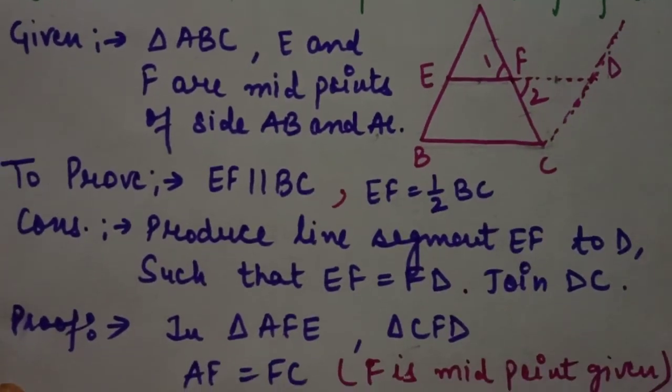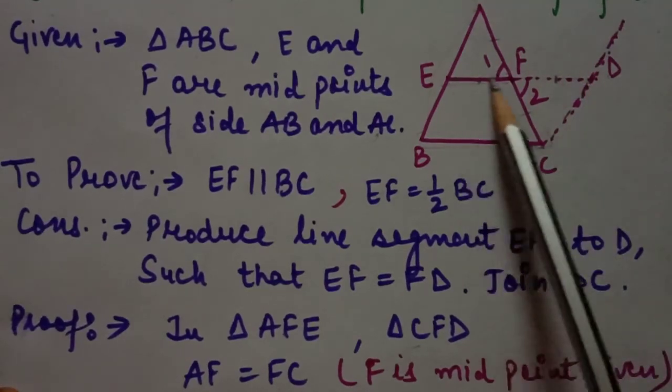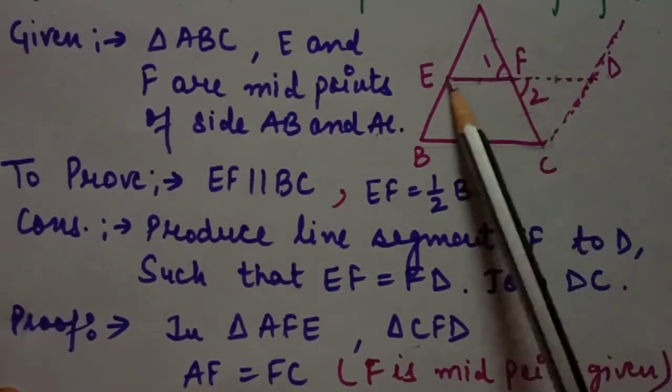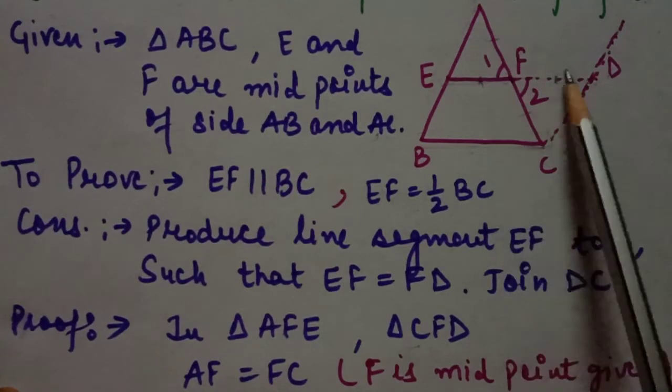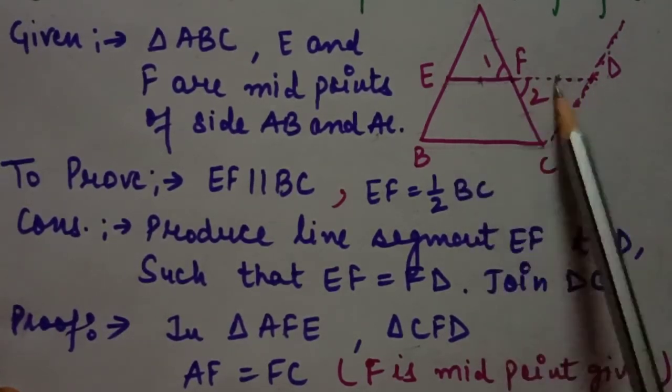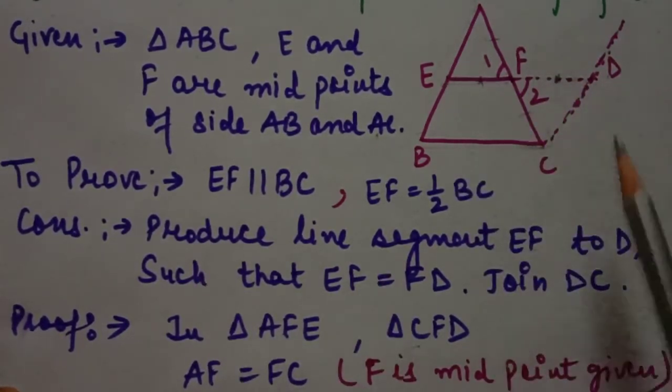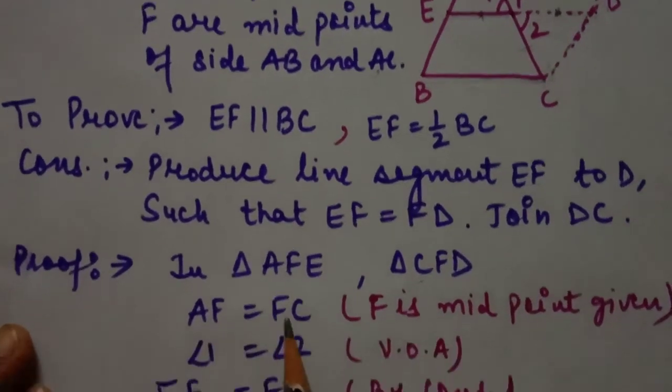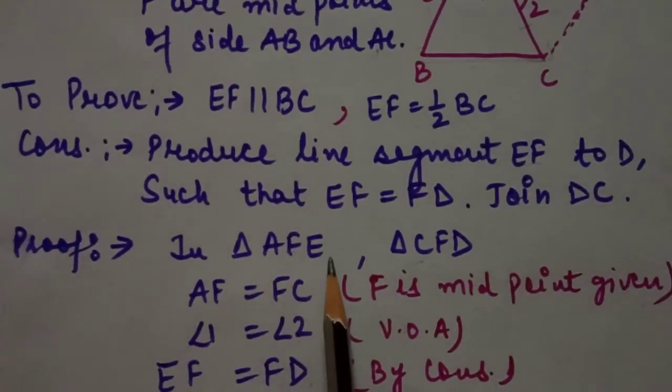For this, we have to do a construction. We will produce EF to a point D such that EF and FD are equal to each other. Join DC. So students, now in triangles AFE and CFD, AF is equal to FC, F is the midpoint, given. Angle 1 and angle 2 are equal to each other, vertically opposite.